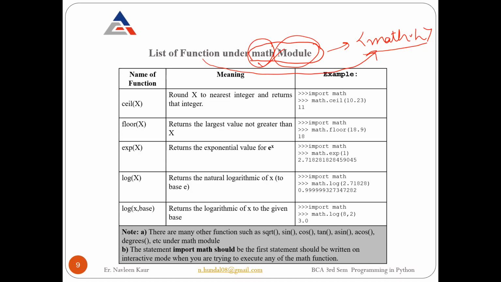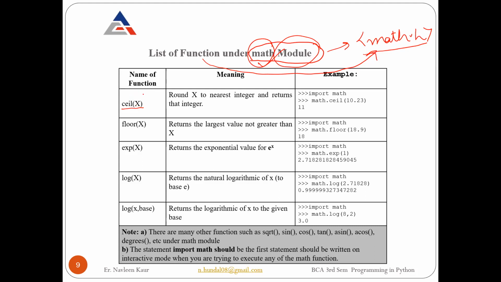So can you see the very first function is ceil. By ceil, I mean ceiling, you know. Ceiling means the top. The floor means the bottom. If you are sitting here, the ceiling is above you, right? From where your fan is hanging, and the floor is on the bottom.